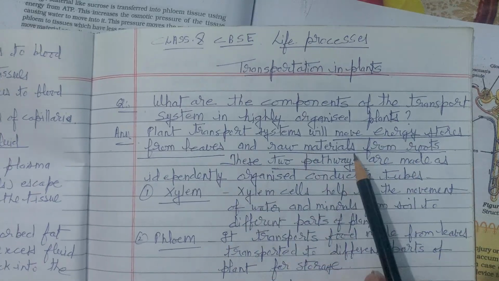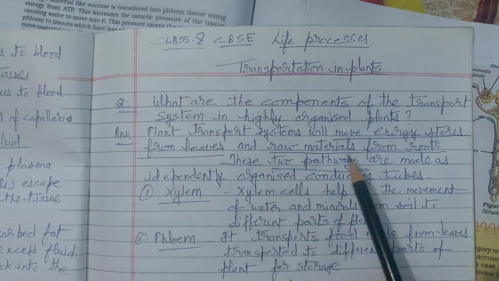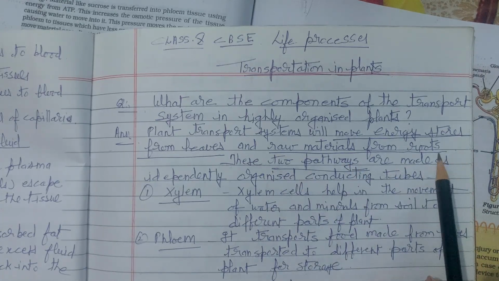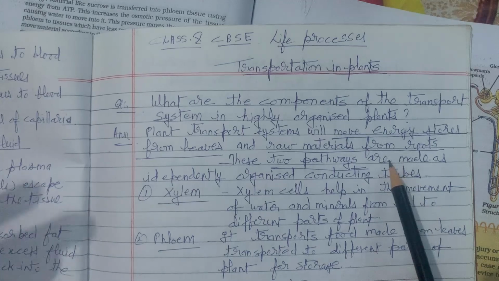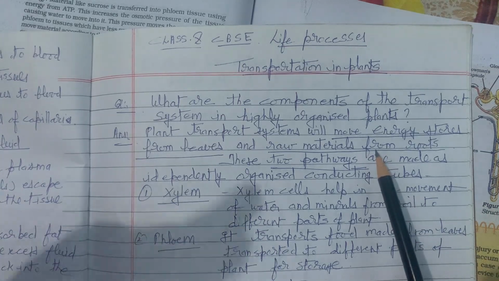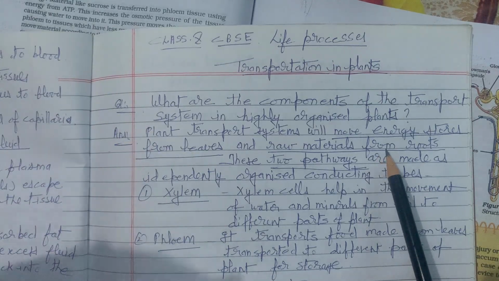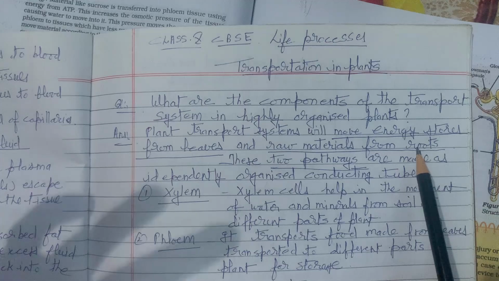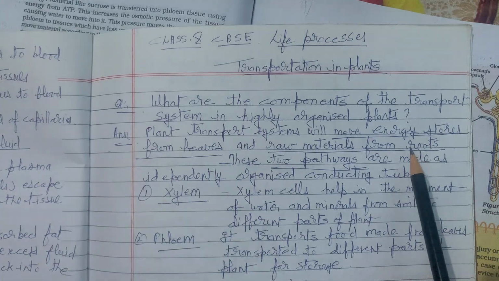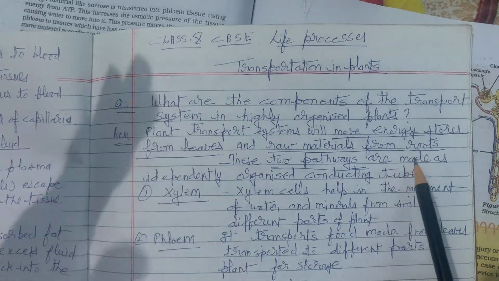So in plants, the transport system moves energy stored from the leaves and raw materials from the root. It is made of two components, xylem and phloem. The transport system that moves water molecules from downwards to upwards also requires energy, and the food material made by leaves is translocated from the leaves to the different parts of the plant through the phloem cells.